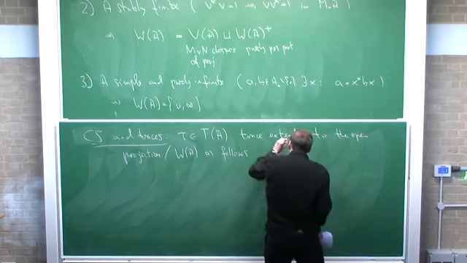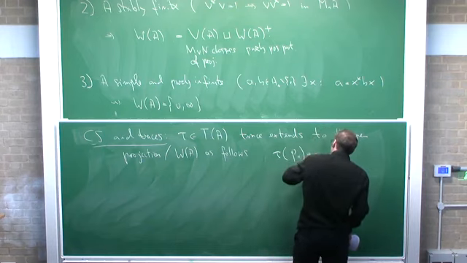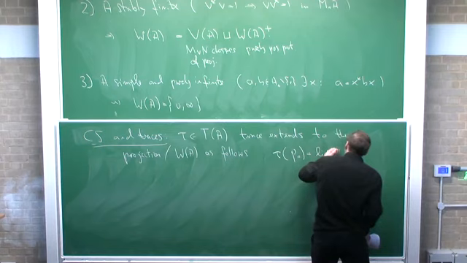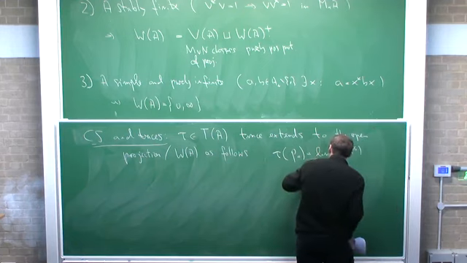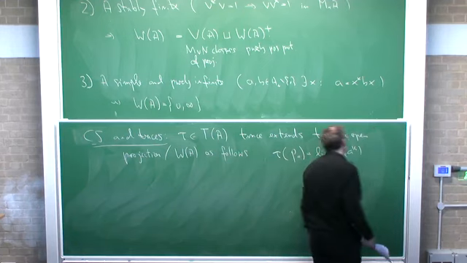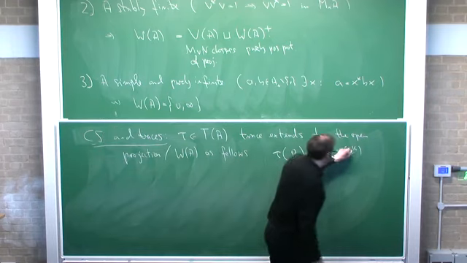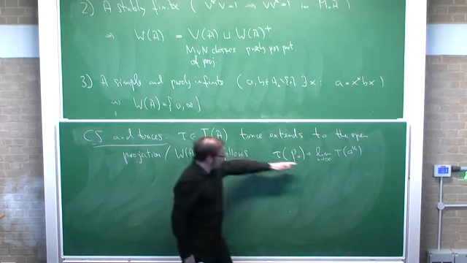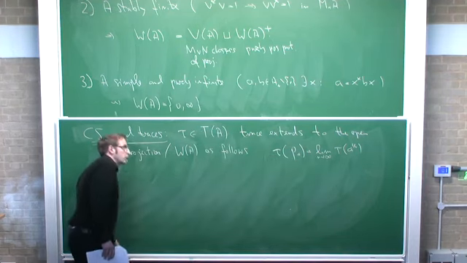Then you can define tau of this p(a) as simply the limit of tau of a to the 1 over n, as n goes to infinity. Okay, and that gives you a functional on your Cuntz semigroup, a so-called dimension function.